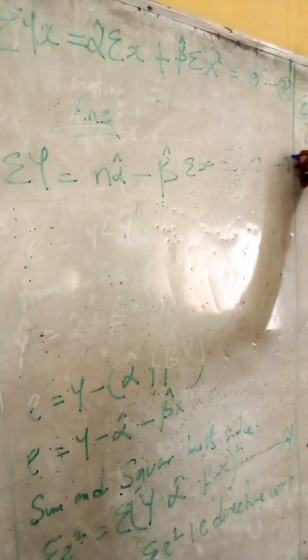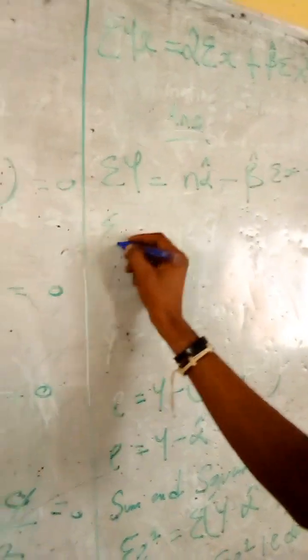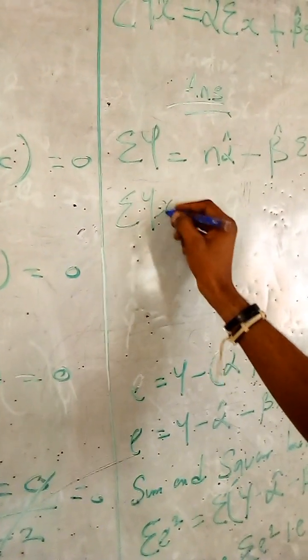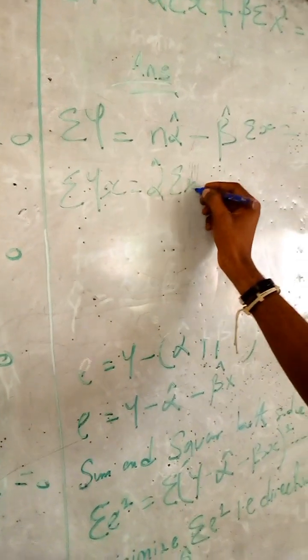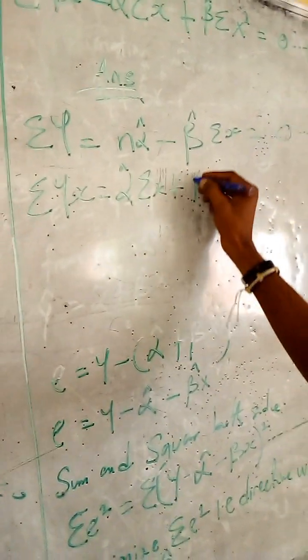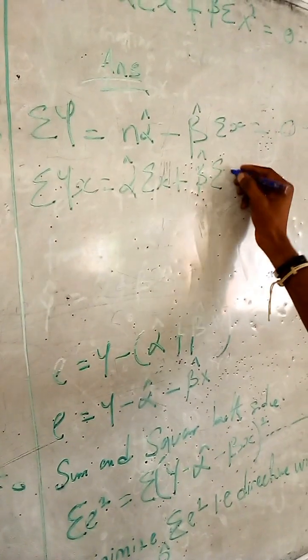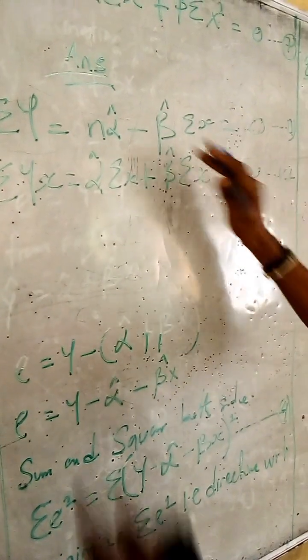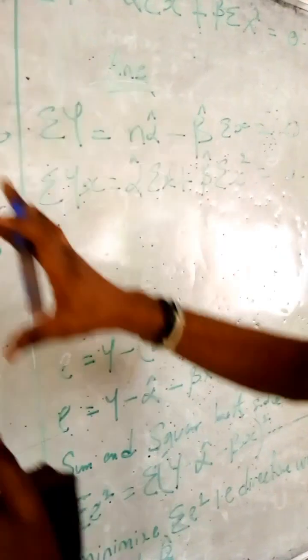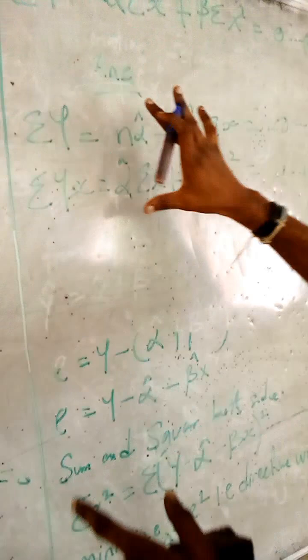This is equation 1. Then summation y x equals alpha cap summation x plus beta cap summation x squared equals 0, equation 2. This question wants us to develop two equations, so these are the two equations.